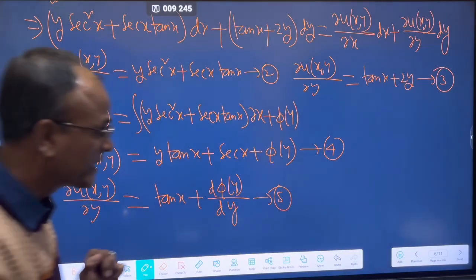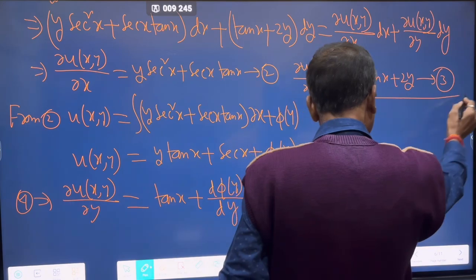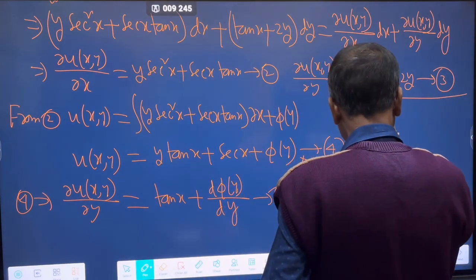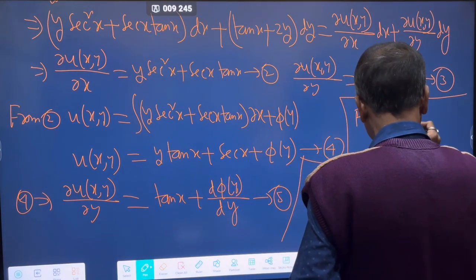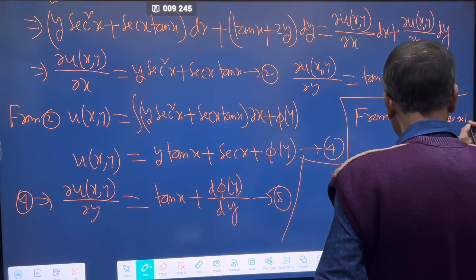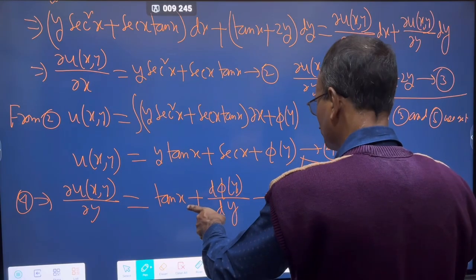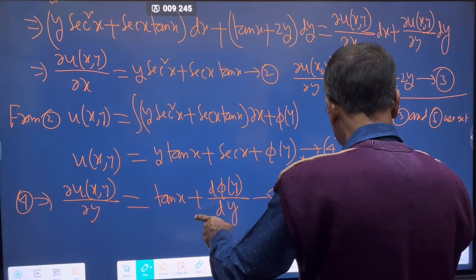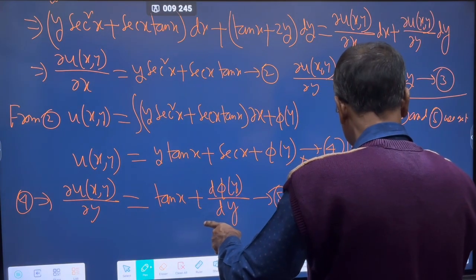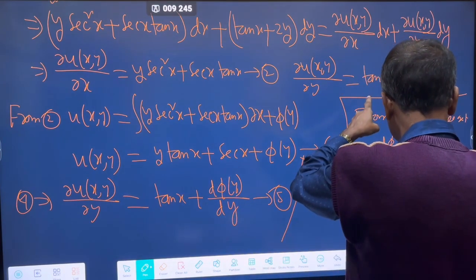From 3 and 5 we get tan x plus d phi by dy equal to tan x plus twice y.